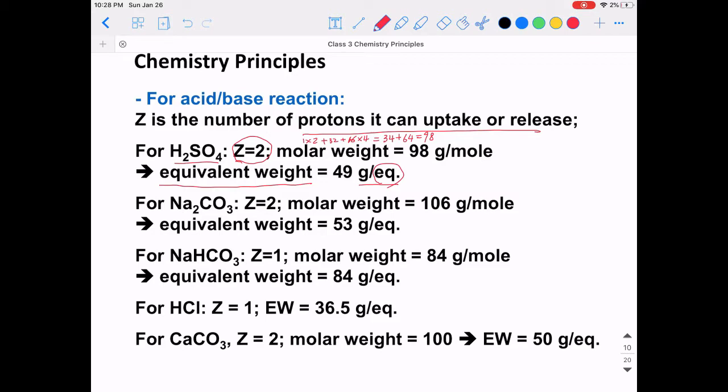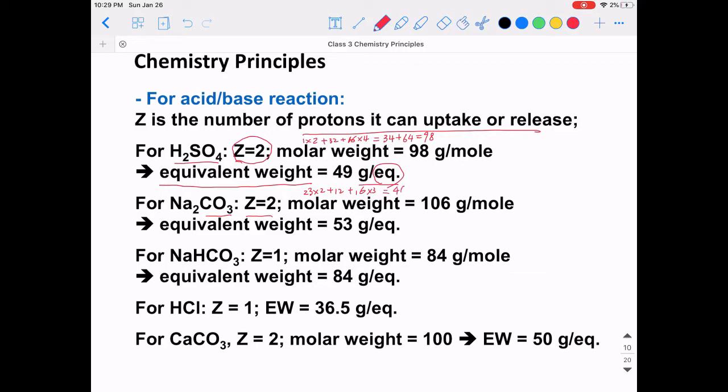And for the sodium carbonate, similar to the sulfuric acid, Z is equal to 2 because this is mainly contributed by the carbonate ion. So the molecular weight for the sodium carbonate, let's do another calculation: 23 multiplied by 2 plus 12 plus 16 multiplied by 3.